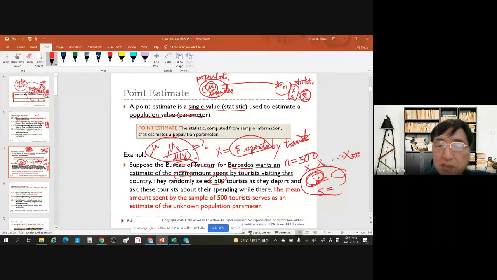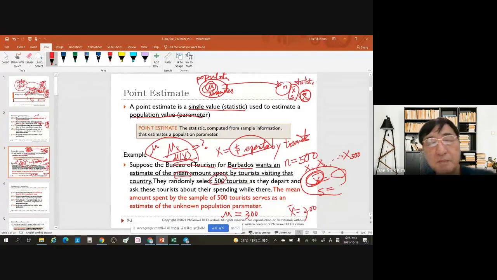If the sample mean is, for example, 200, then mu could be close to 200. If the sample mean is 300, we assume the population mean is 300, and so on. That is using just one number, a single value, to estimate the population value.